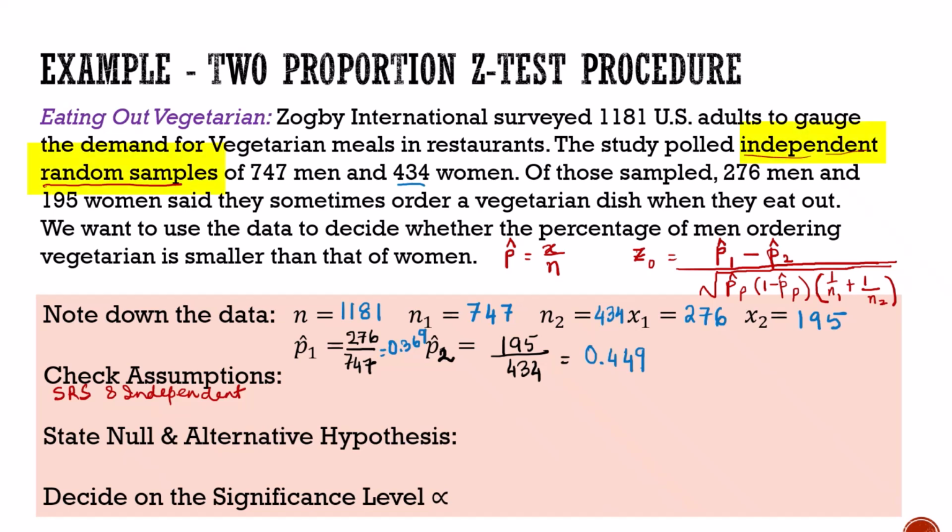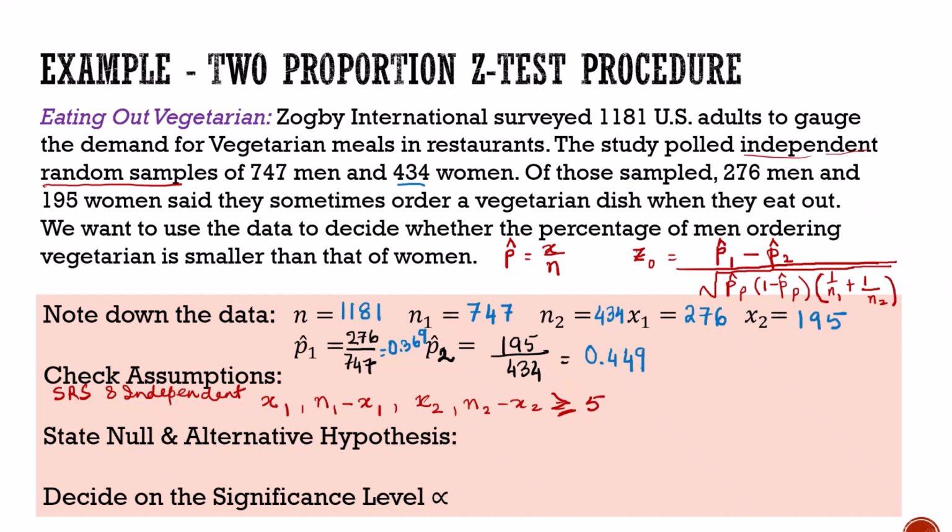And the other one is that x₁, n₁ − x₁, then x₂, n₂ − x₂ are greater than or equal to 5. That's a necessary condition.